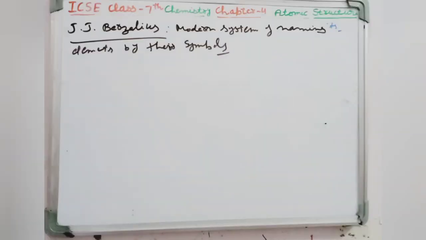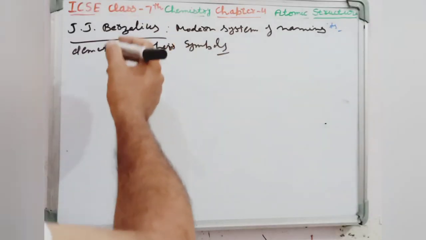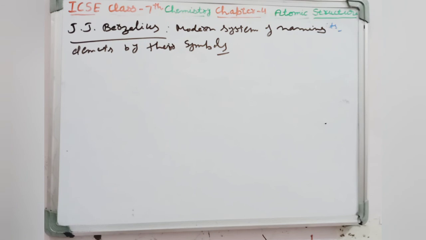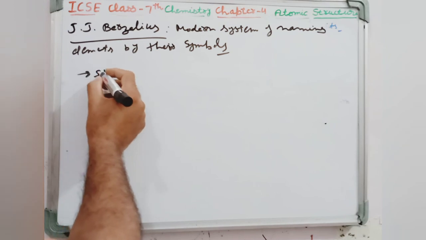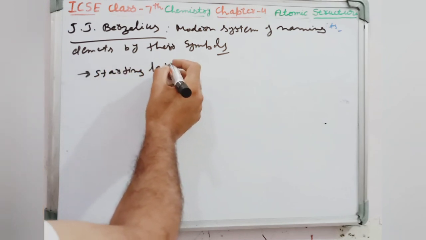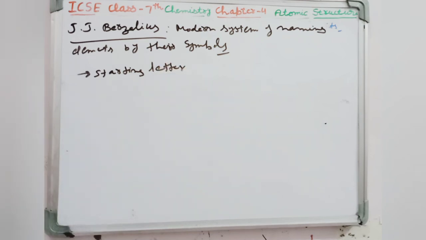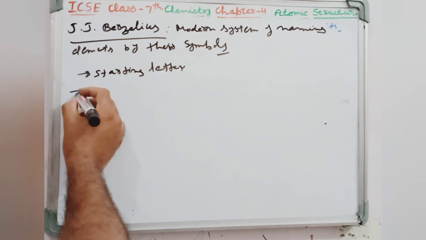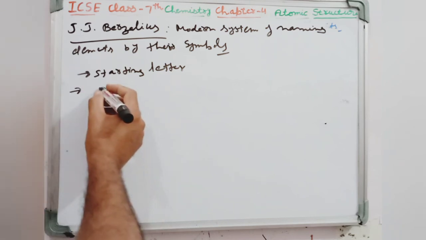Today we see different types of symbols. They were given by J.J. Berzelius. He made them on the basis of their starting letter, or their first two letters.